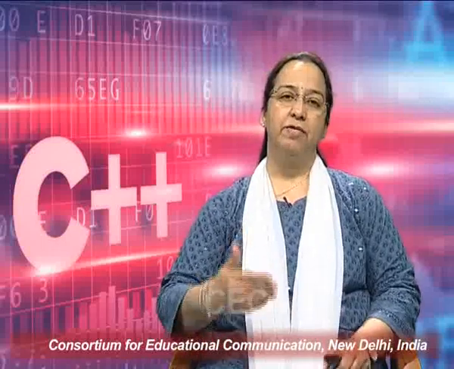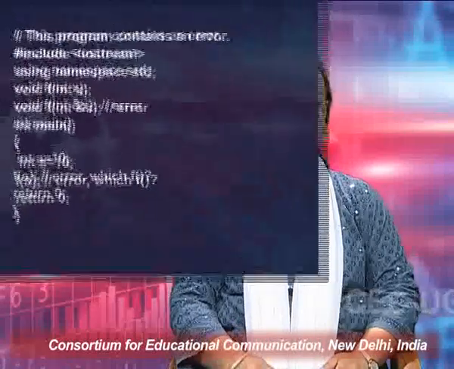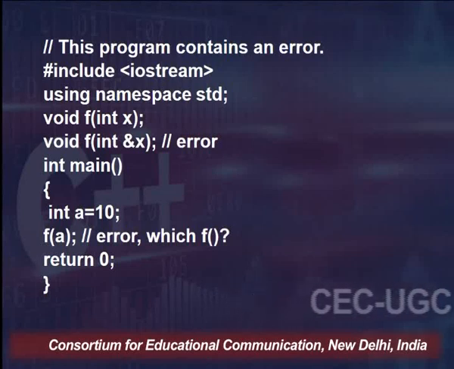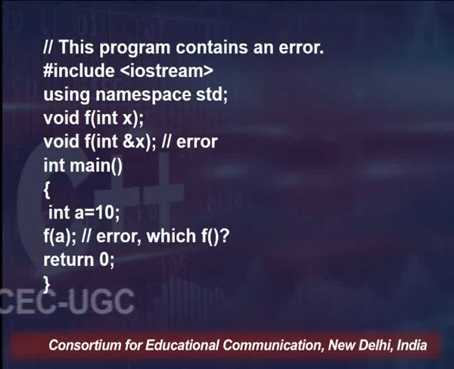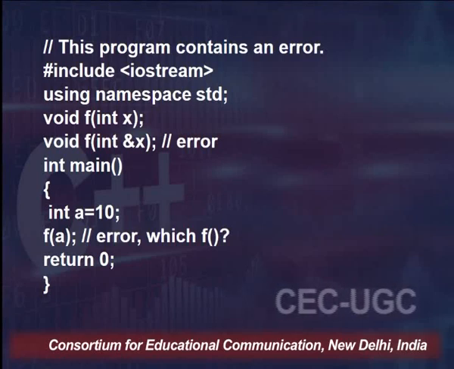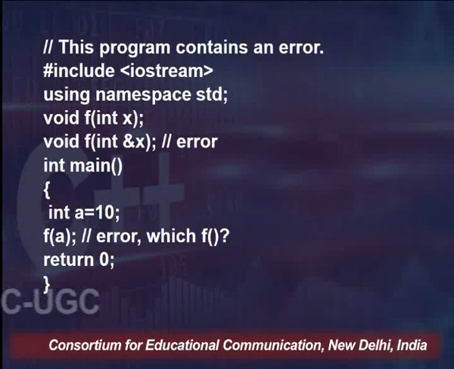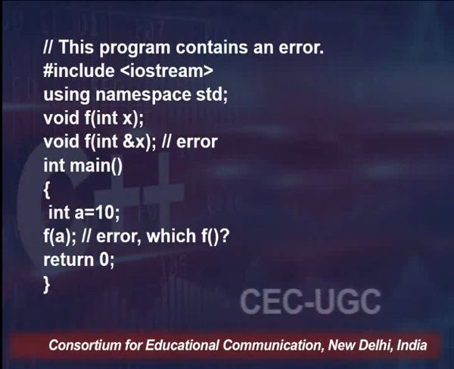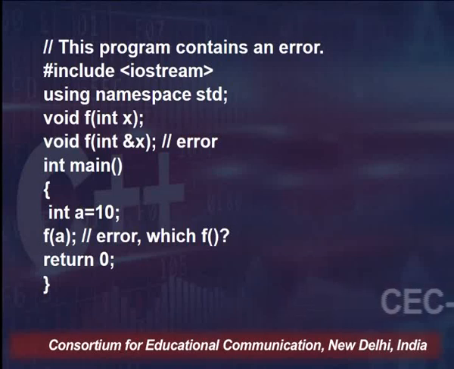Let's see. We have #include iostream and using namespace std. There is a function named f, basically an overloaded function, with return type void, and two versions: one function is passed a value, integer x, and another function is passed integer &x.